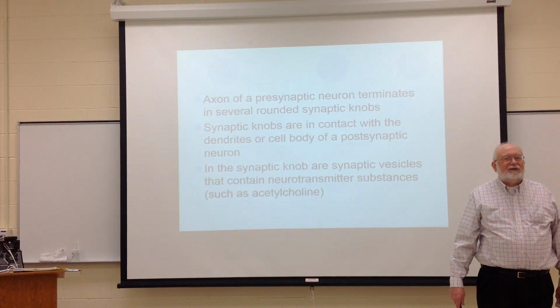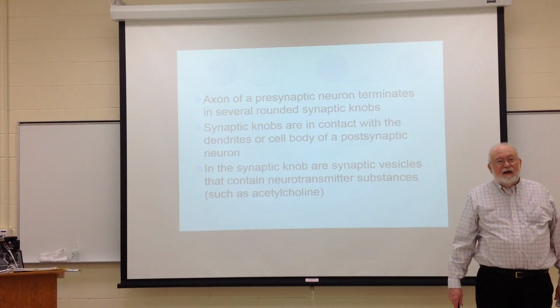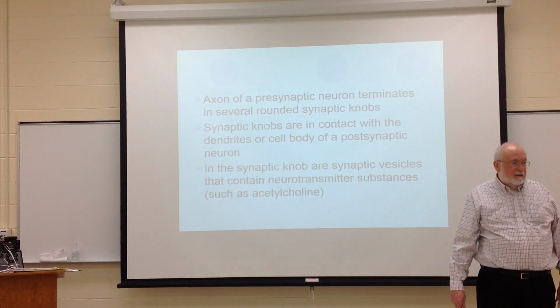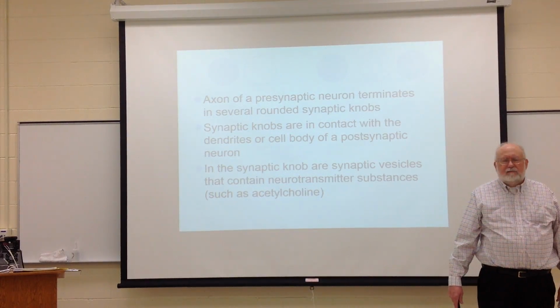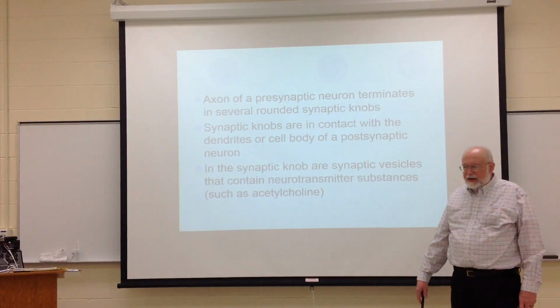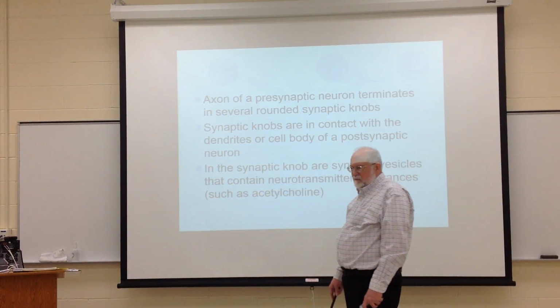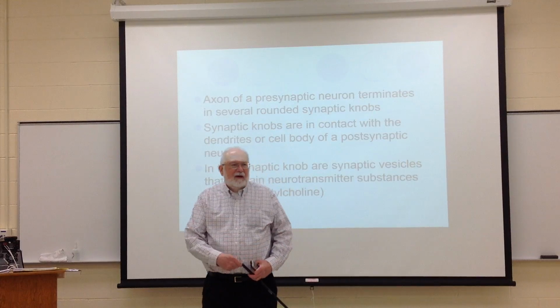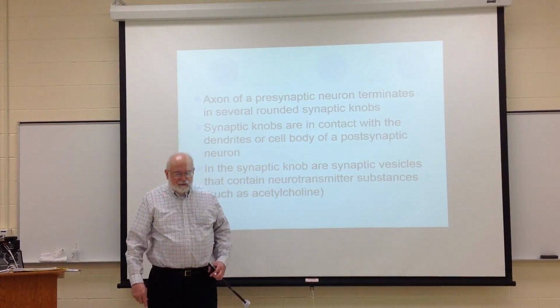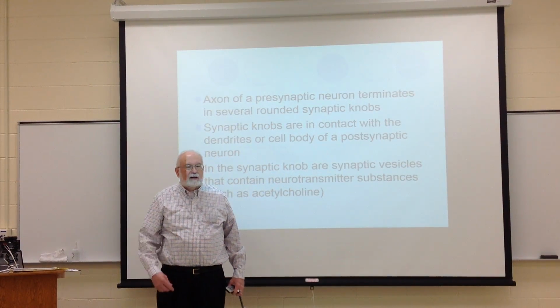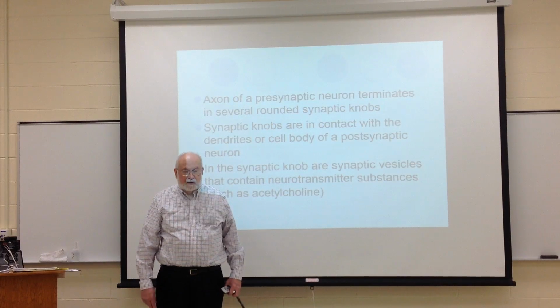Terminal end of what? Telodendria, right, that come from the axon of the presynaptic neuron. What's in those synaptic knobs? What do they contain? Yeah, you have neurotransmitters packaged up in little synaptic vesicles, right?